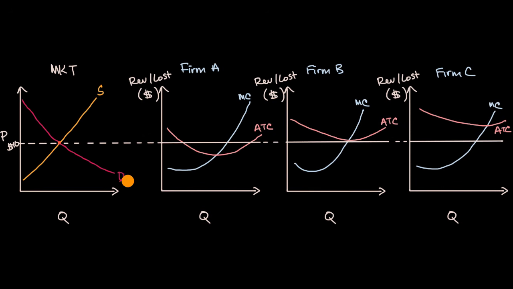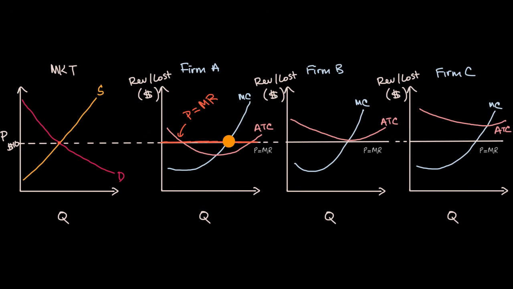Well, for firm A, for any of them, it is not rational to produce a quantity where the marginal cost is higher than the marginal revenue that the firm's getting. And remember, this line right over here is the price line, which is equal to marginal revenue.